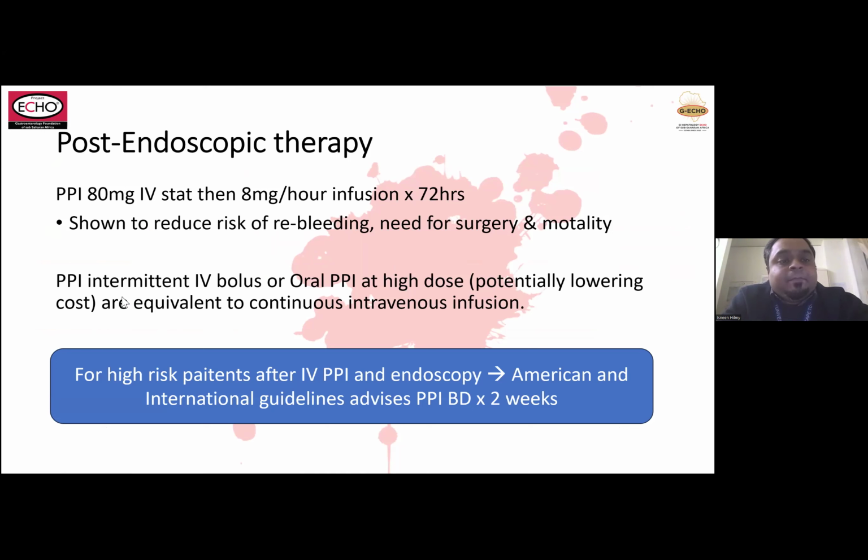When they compared IV PPI boluses or oral PPI at high doses, potentially to lower the cost, they are actually equivalent to the continuous infusion. For high-risk patients after the IV PPI and endoscopy, the American and other international guidelines advise the patients to be on a BD PPI for at least 2 weeks.